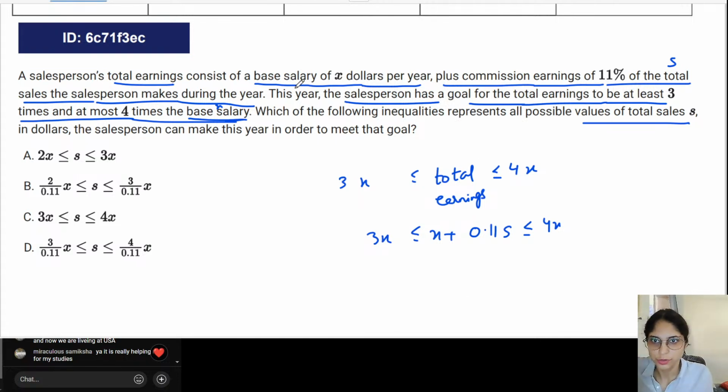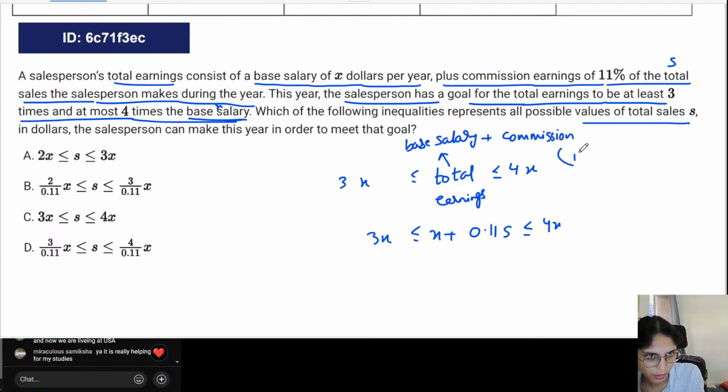So total earnings is base salary X plus commission, which is 11% of S, that is 0.11S.